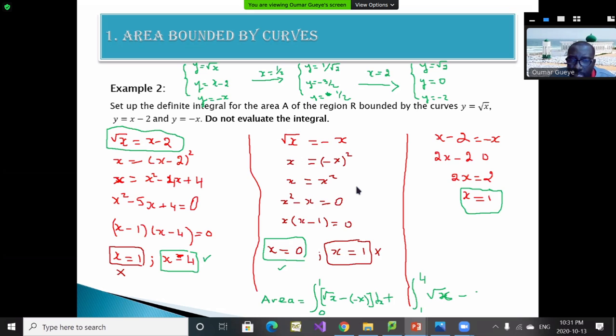Don't forget the brackets here, and dx. And done. So the question was, as you can see, to set up the integral, and we don't have to calculate it.